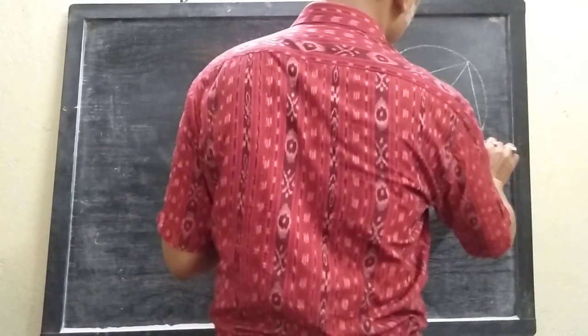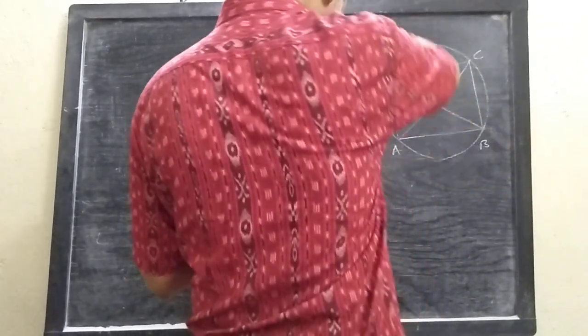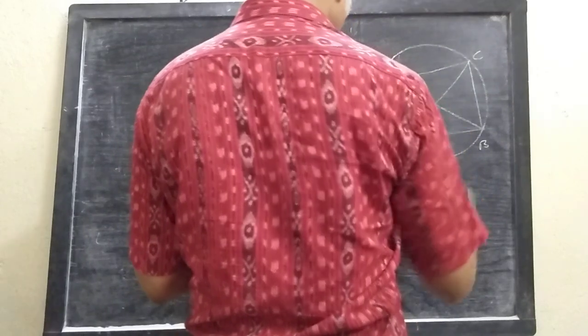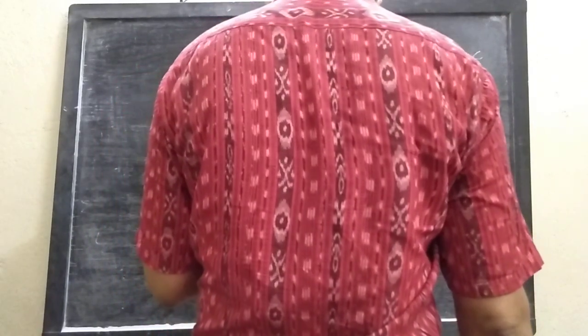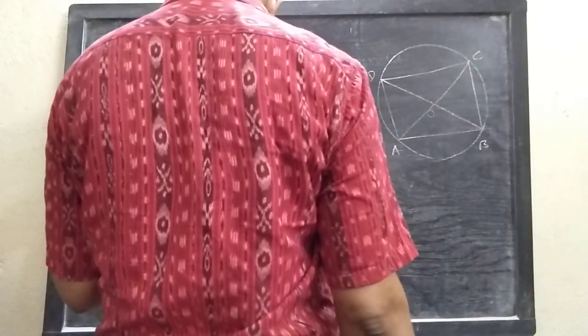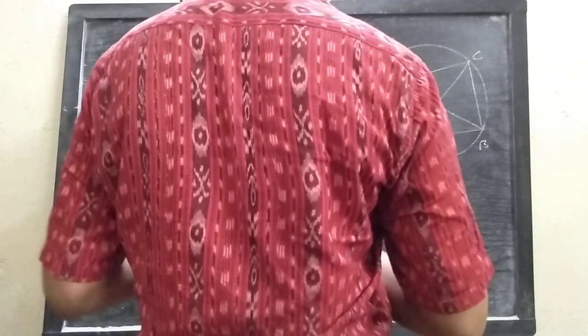Name it ABCD. Let O be the center of the circle. Of all rectangles inscribed in a given circle, the square has the maximum area.